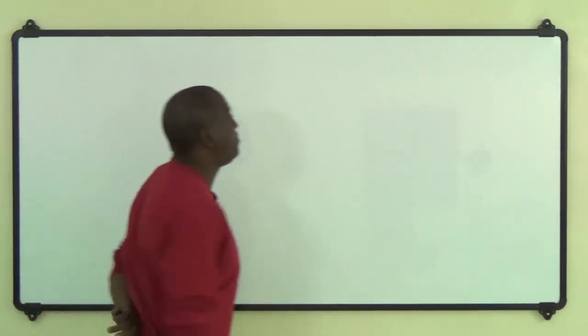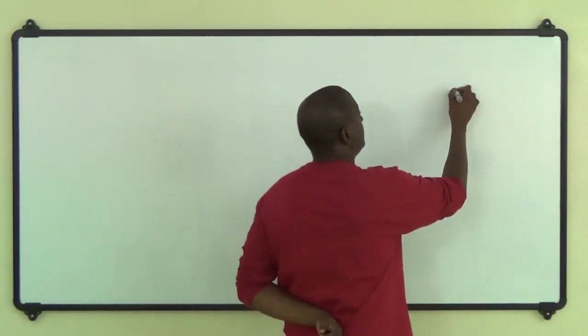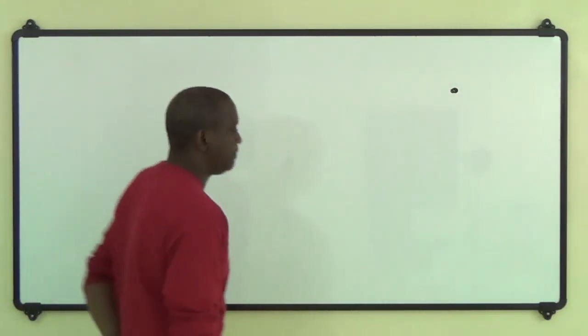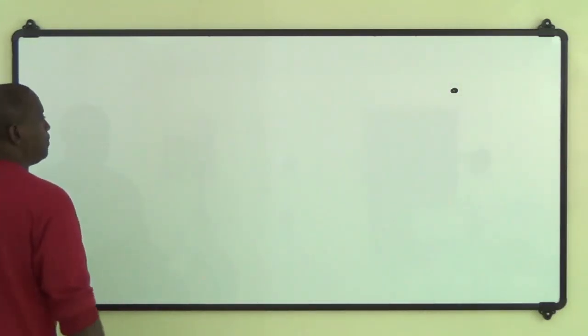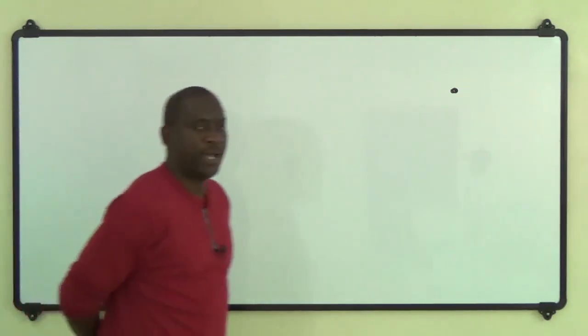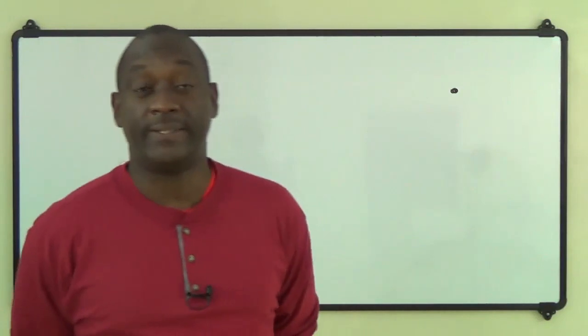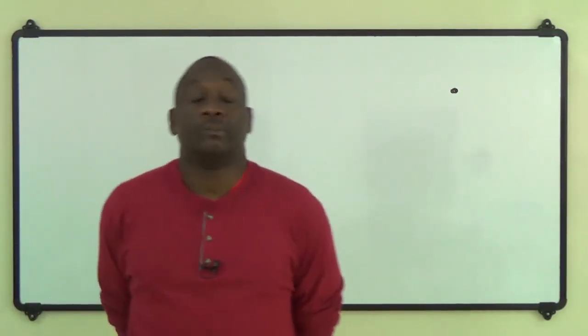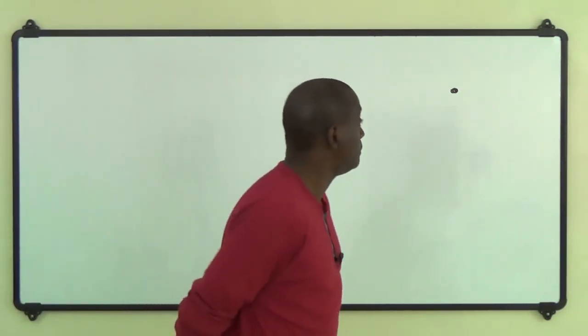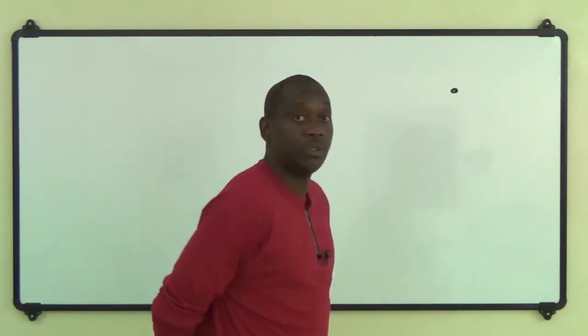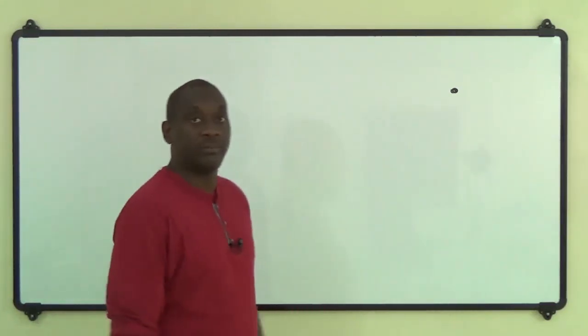So, if I put this point on the whiteboard, and I ask you to describe the location of that point, you might say, well, it's high up on the board.